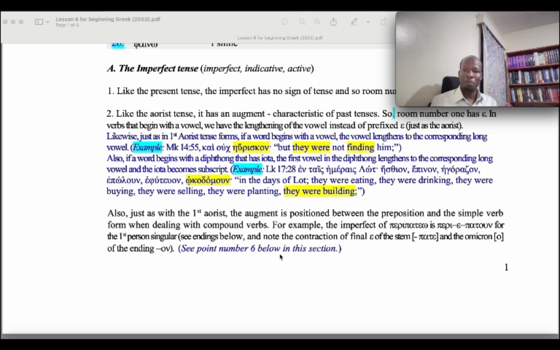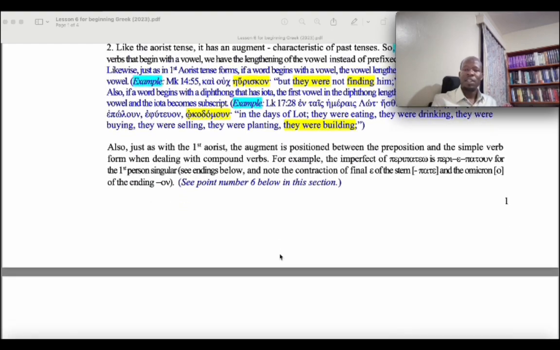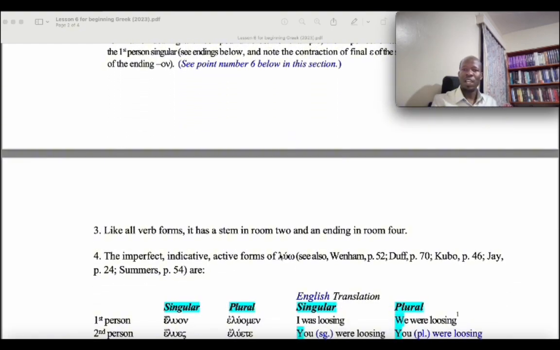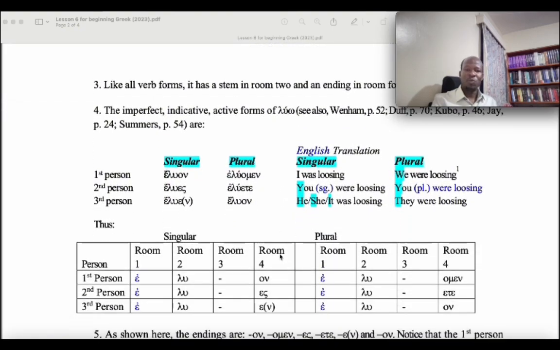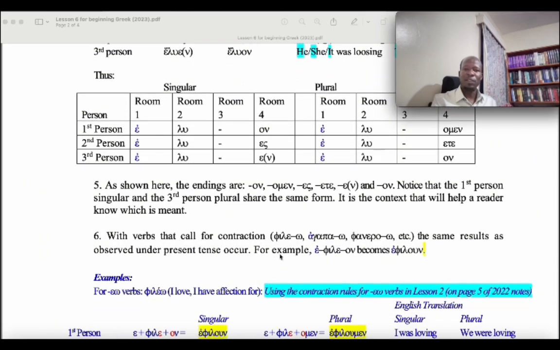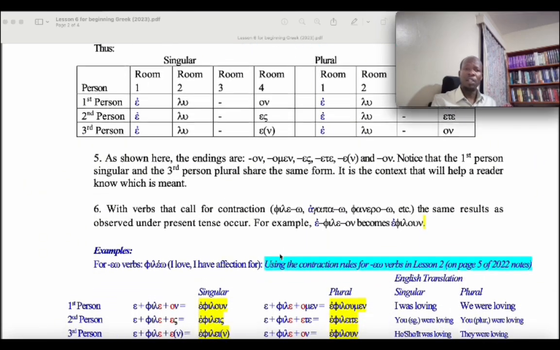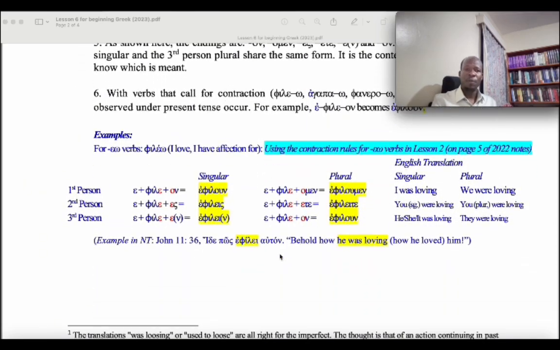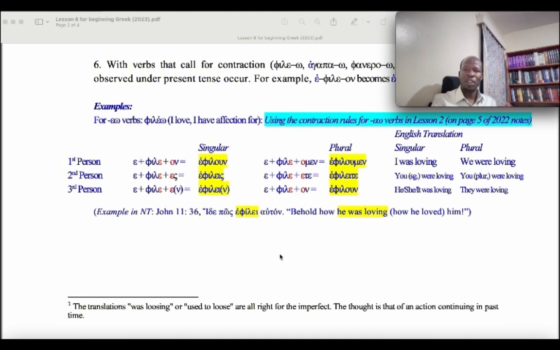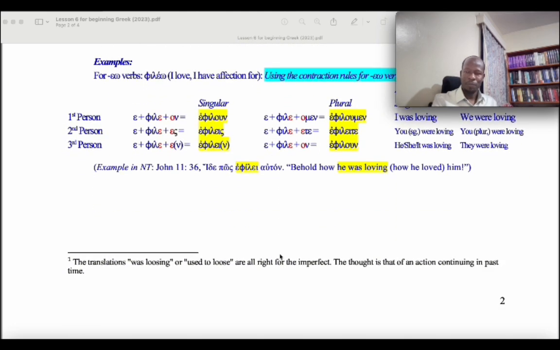But if it begins with a vowel, let's say an alpha, an eta, or an omicron, then instead of adding the epsilon you just lengthen it. We also mentioned that the rules for verb contractions apply to the imperfect tense.